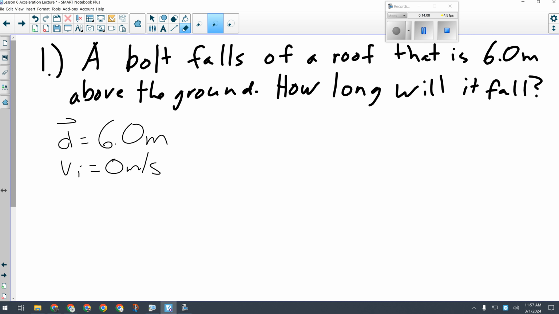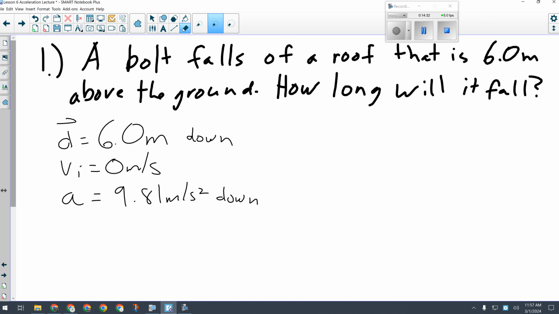Now, the falls also tells me something else. What? Its acceleration is 9.81 meters per second squared. Right, things fall because of gravity. Okay, so I've got those 2 extra pieces of information.